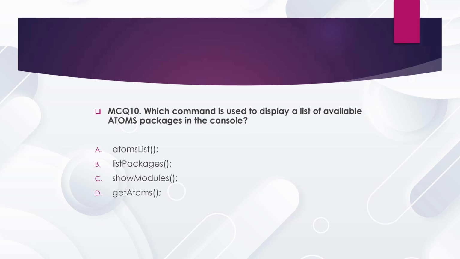Here is the next question. Which command is used to display a list of available atoms packages in the console? Take a moment to think about your answer. The correct answer is option A, atoms list.